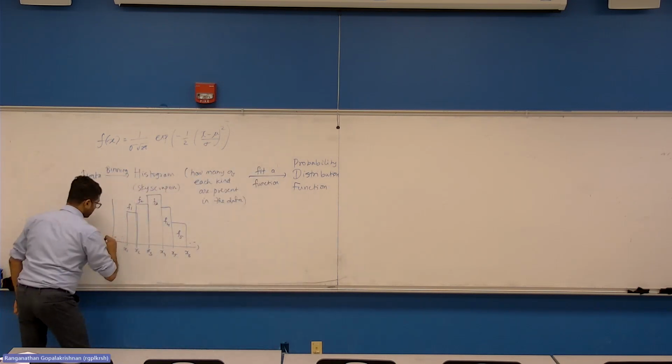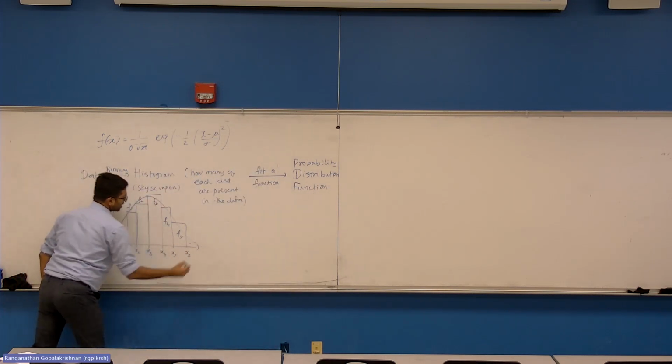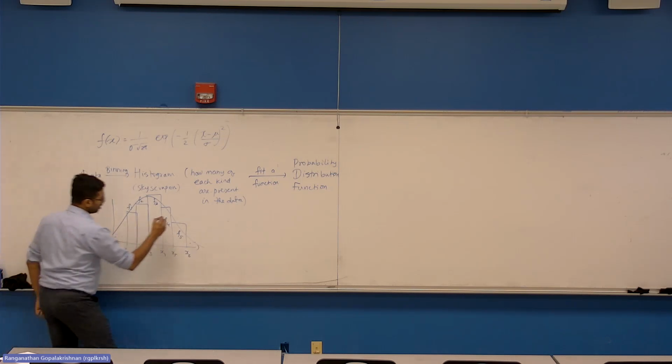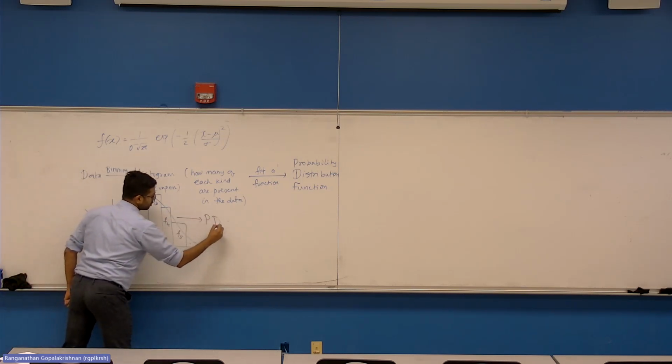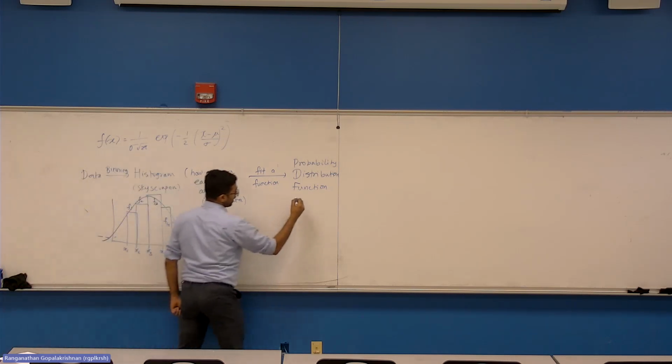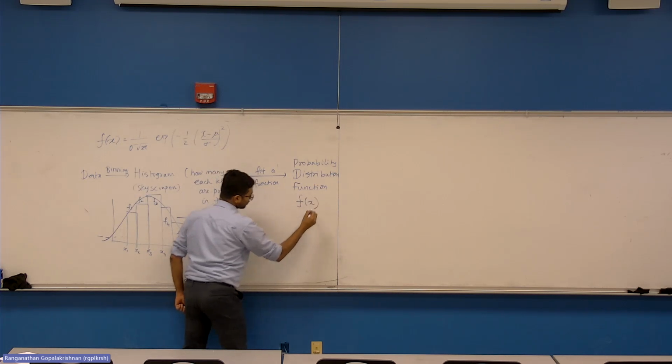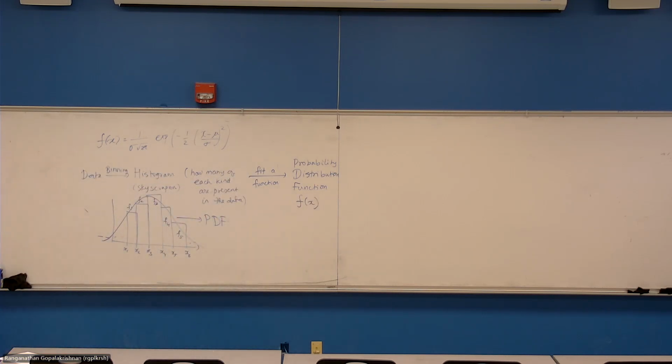So we fit a curve that describes the data, and that is what we call the PDF, and I use the notation f of x. All these are concepts that we saw. I'm just trying to recap before I continue further.